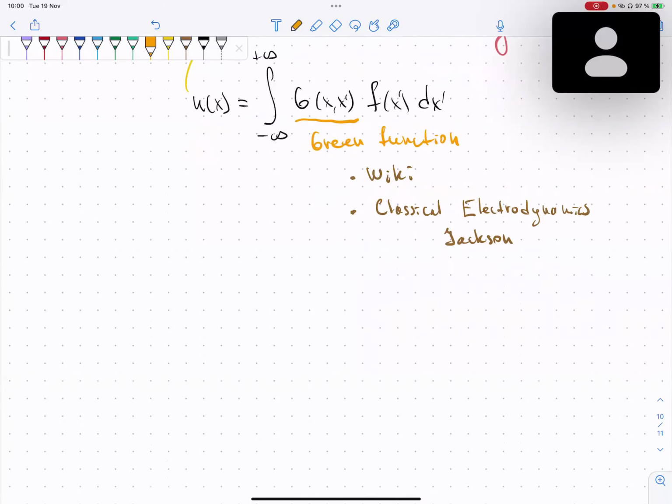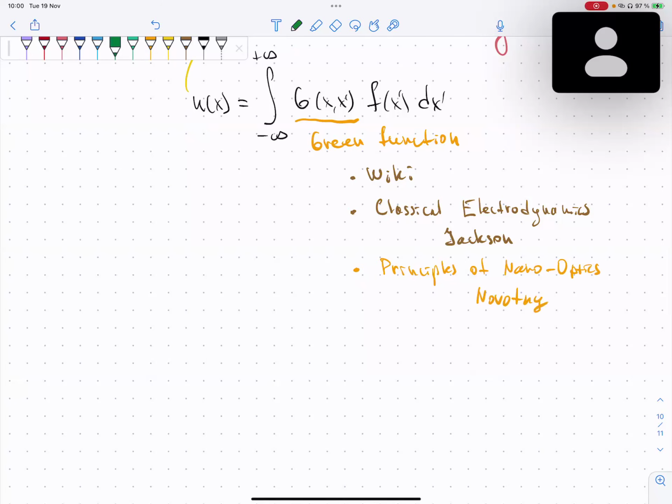Also, you can read the book Principles of Nano-Optics by Novotny.